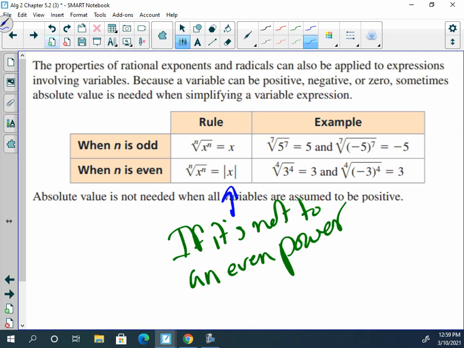Because if it is to an even power, any time we multiply a number by itself an even number of times, it's still going to be positive. Anything squared is positive. Fourth root is positive. So if we end up having something like x squared, no matter what number I put into it, it will always be positive. But if it's just left as x, like we just saw, we have to take care of that case where it could turn out to be negative. So if we take an even root, and what's left over is an odd power, then we've got to put the absolute value bars.